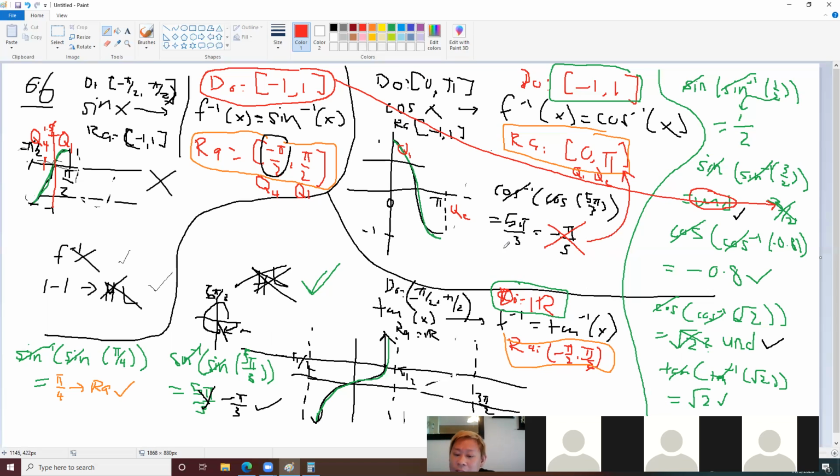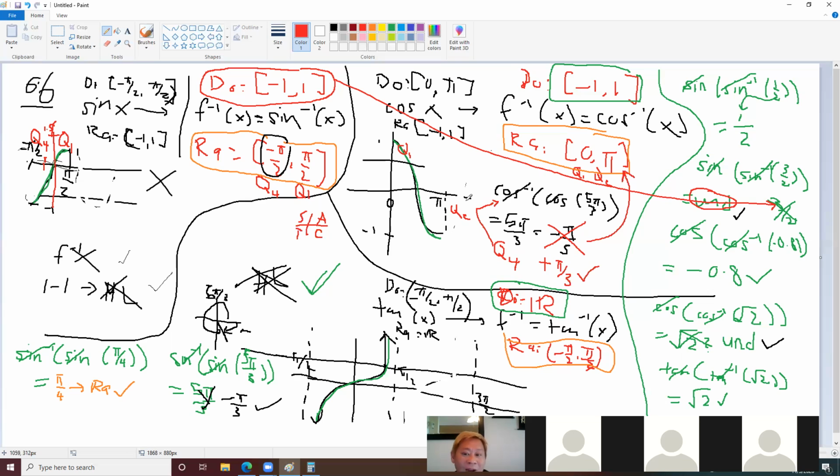But in quadrant 4, is cosine positive or negative? Remember, all students take calculus. It's positive. So your answer should be just what? Pi over 3. So you have to be careful with this kind of question.